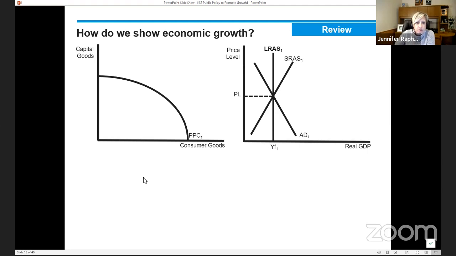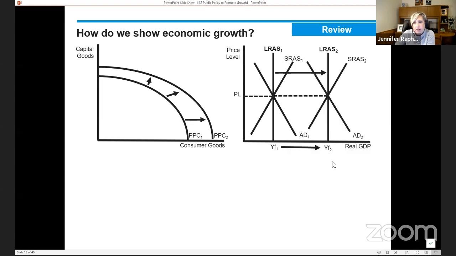To show it in a PPC model, we indicate that we can produce more consumer goods and capital goods with our resources, and we show that by shifting the curve out and to the right. In an aggregate demand, aggregate supply model, we show economic growth by shifting the long run aggregate supply curve to the right. So this would be a new long run equilibrium in an economy that had experienced economic growth.